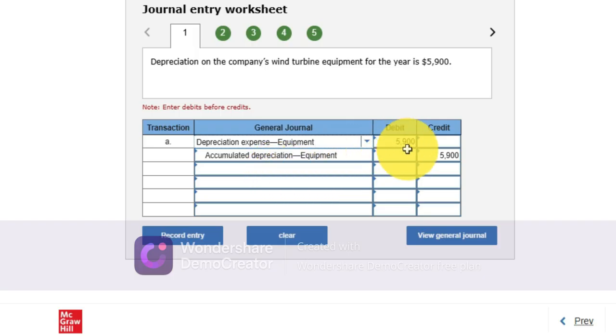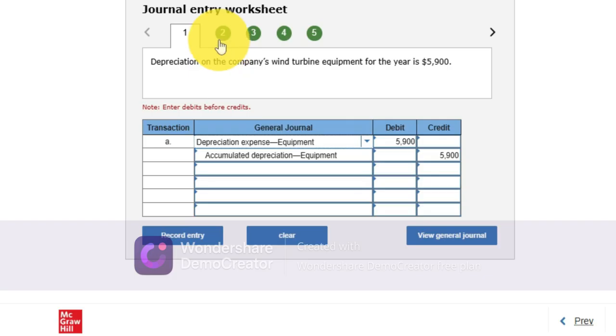Since the whole year reported 5,900, depreciation expenses is going to be debited 5,900 and accumulated depreciation is going to be credited 5,900.